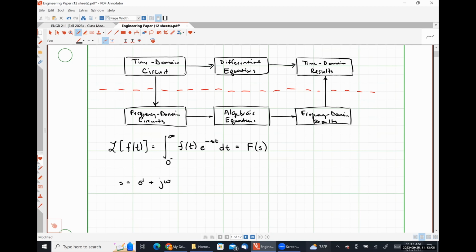So our complex frequency is in and of itself a complex number, where sigma, the real part, tells us how things are decaying, and omega tells us how things are oscillating as they decay, right? For a system where sigma was equal to 0, we would have a pure sinusoid, right? But what we're going to see is sinusoidal excitation that is exponentially decaying as our transients die out and all of that kind of thing.